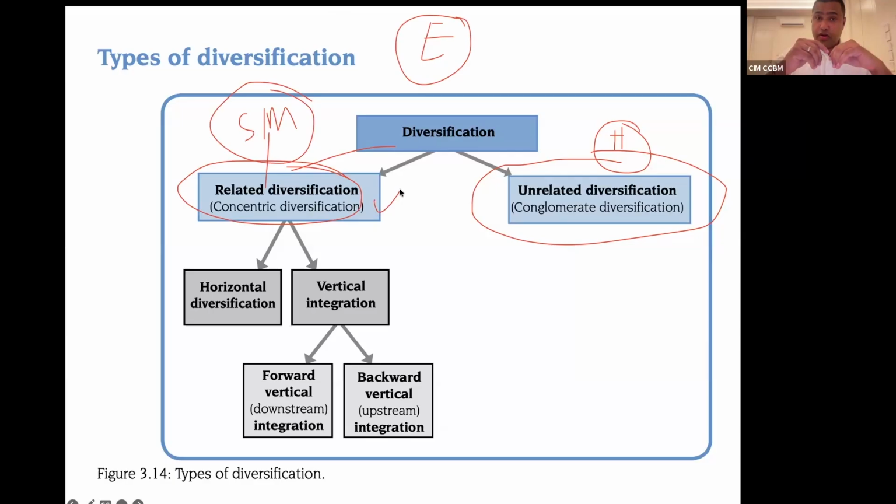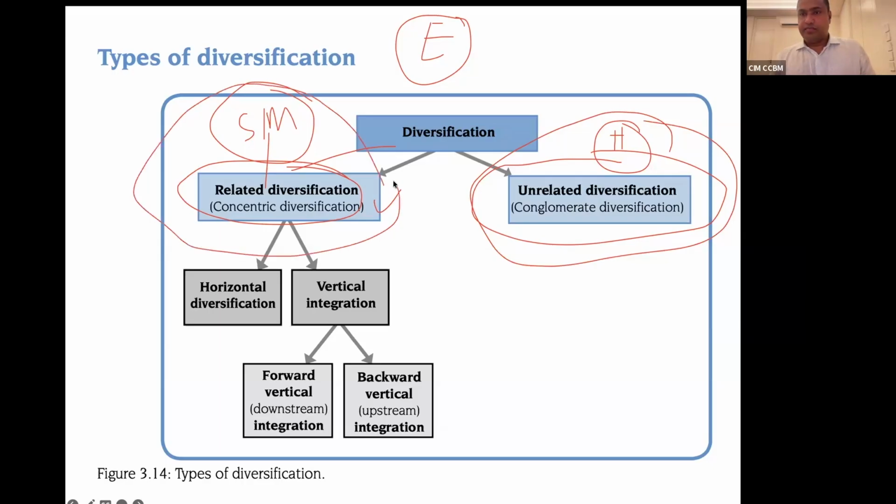Still, we have gone into a new product, new market, but that is still related to our education field. That's called related diversification. Unrelated diversification is extremely risky. Related diversification is less risky. Clear?